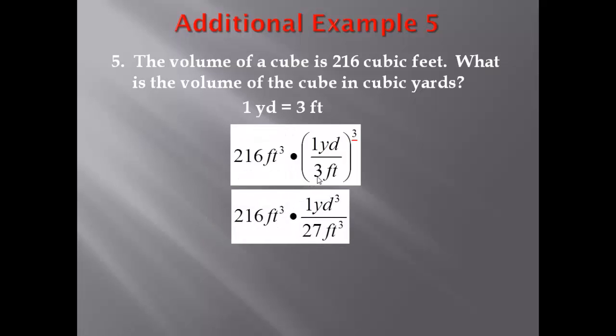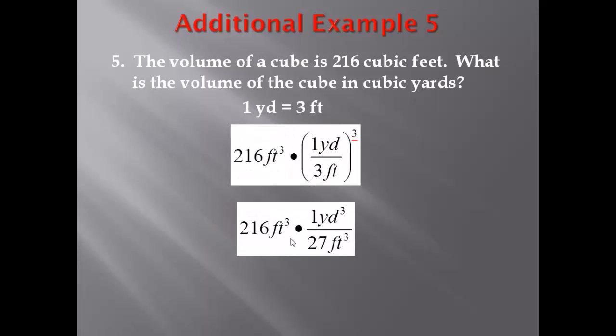This will then give me 216 cubic feet times 1 cubic yard over 27 cubic feet. Now my cubic feet will cancel out because one's on top and one's on bottom. So I'm left with cubic yards, and then I can multiply. I have 216 times 1, which is 216, and that would then be over 27. And when I divide 216 by 27, I get 8 cubic yards.